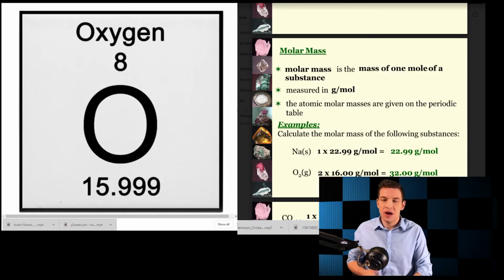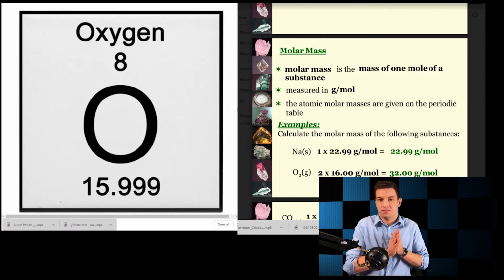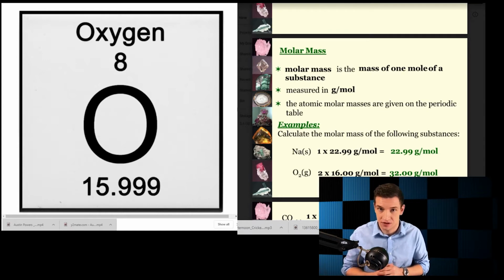So if you have raw sodium and you put it on a scale and weighed out 22.99 grams of sodium, you're actually looking at 602 hexillion atoms. That's a lot. Imagine how small the atoms are to have 602 hexillion atoms in 22 grams of sodium. That's crazy!